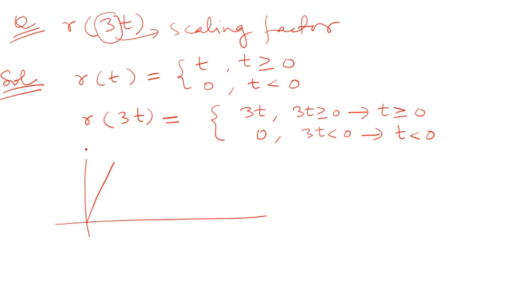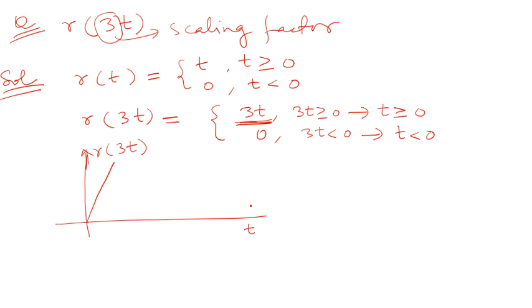This will be the difference, because r(3t) will be equal to 3t. Obviously you can see here the slope is increased. That is why this waveform has an increased value of slope.